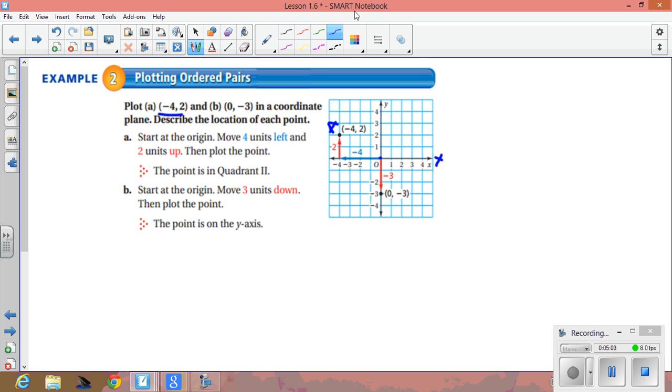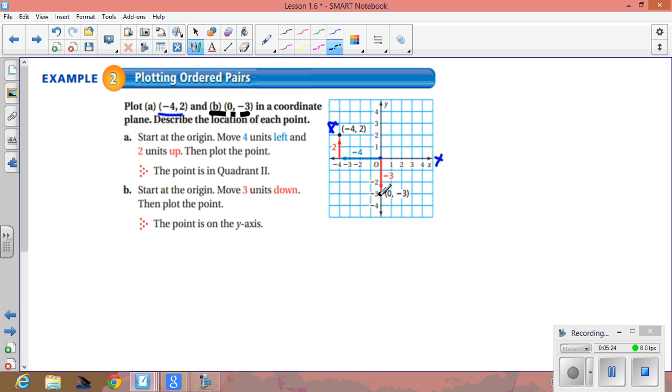Okay, now the next point, I'll do it in black. It's 0, negative 3. So remember, the first point represents x. So I don't need to move left or right because my first point is 0. My y value is negative 3, so I will be going down 3 units.